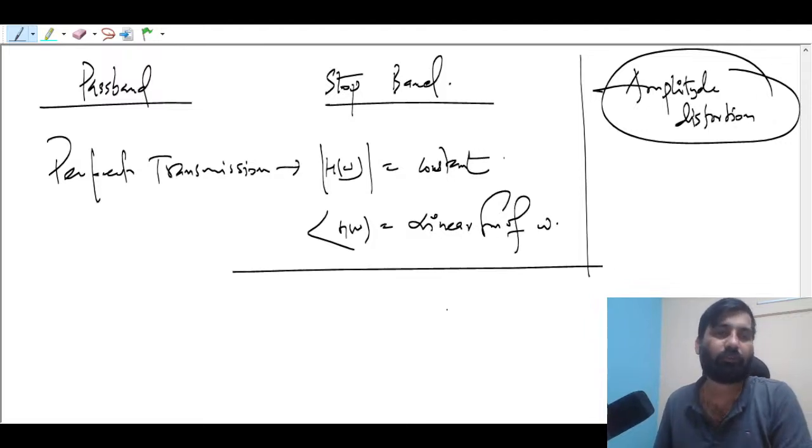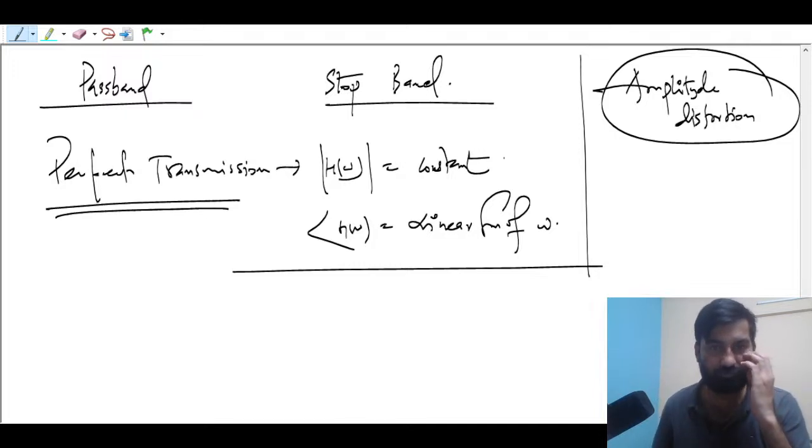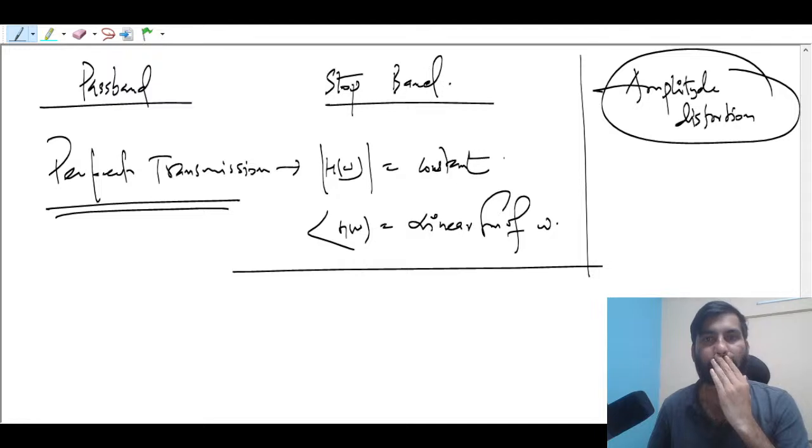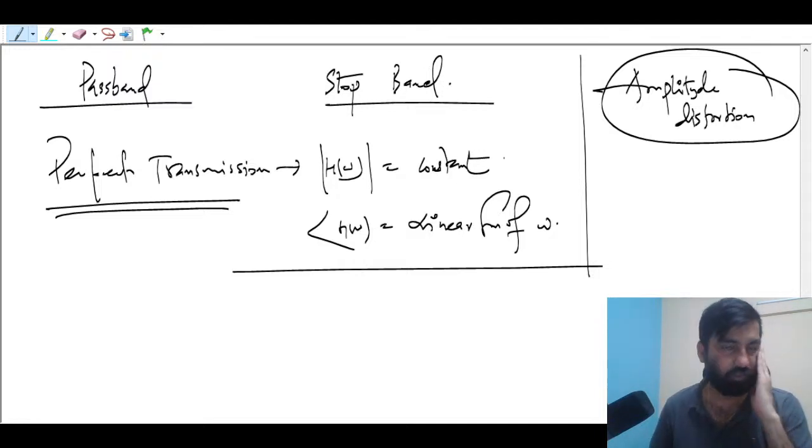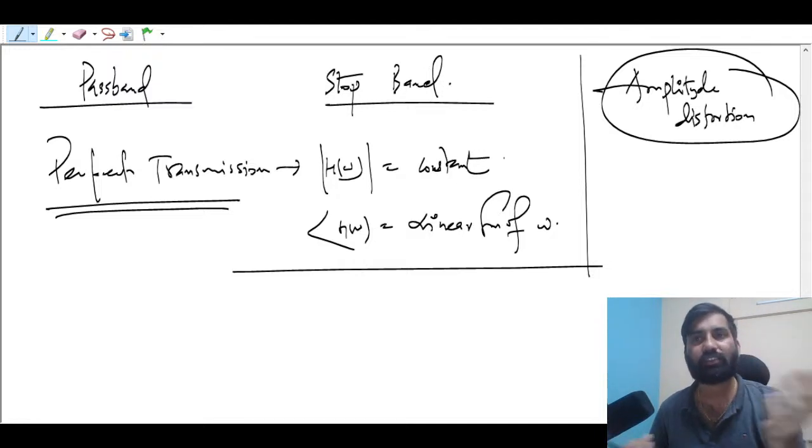This perfect transmission is not possible everywhere. So if the gain is not constant over the required frequency range, that is called amplitude distortion, and if the phase shift is not linear with frequency, we call it phase distortion.